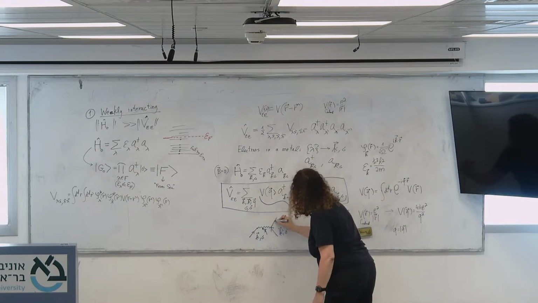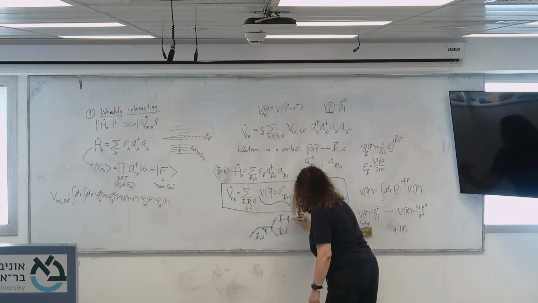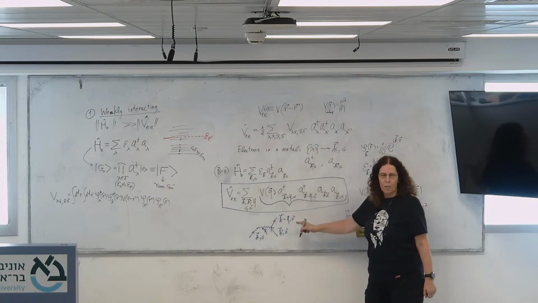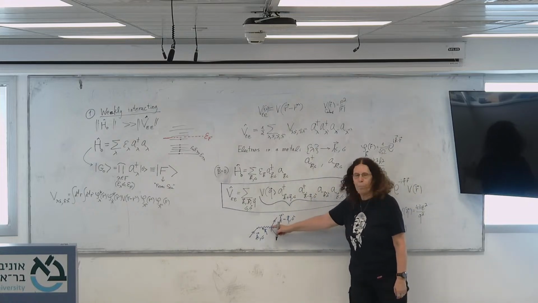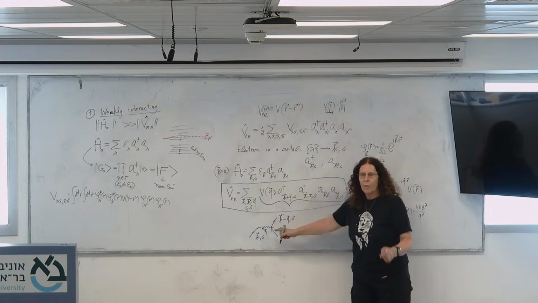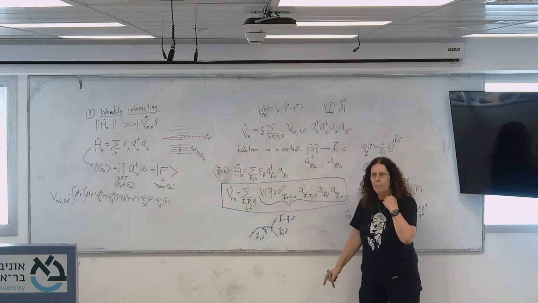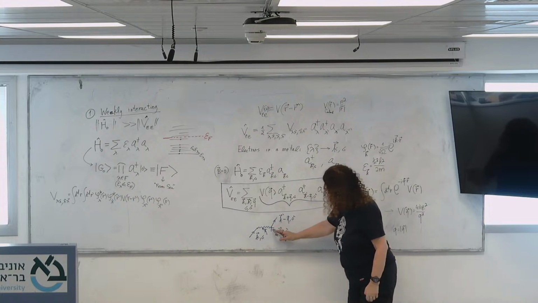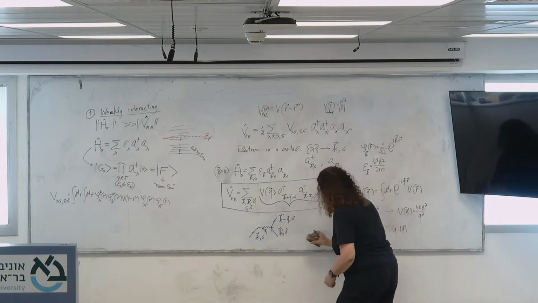Okay, so this is k prime minus q, and the spin remains the same because the spin didn't flip in this process. Yes? So they emit a particle even before they collide?